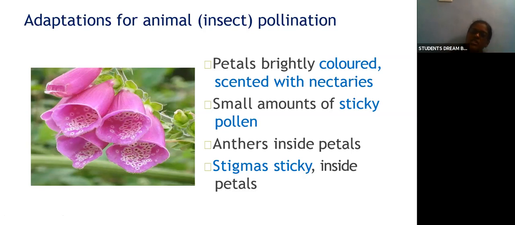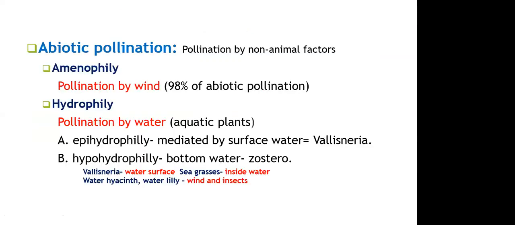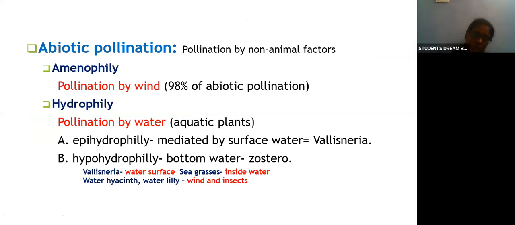When they sit on these flowers, some of the pollens will get stuck to their legs, and when they go and sit on another flower, the pollens will get transferred. Okay, this is the basis of insect pollination. This is about biotic pollination.